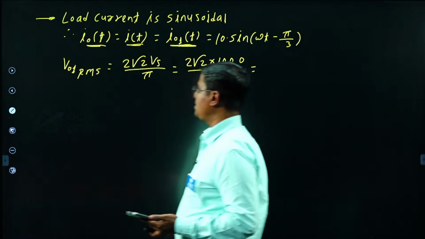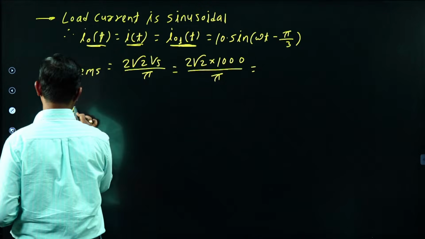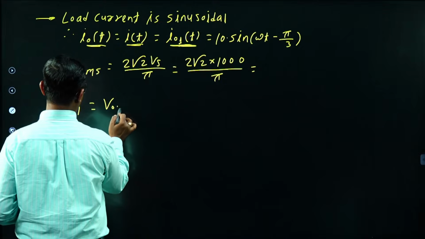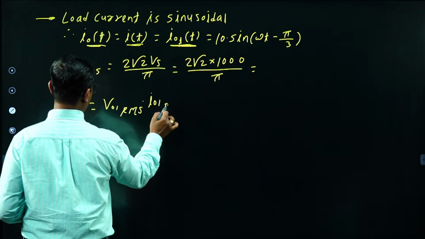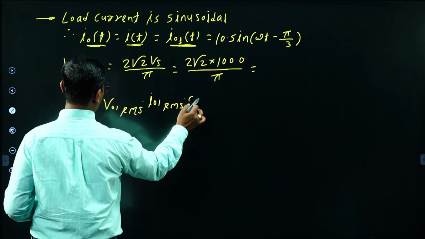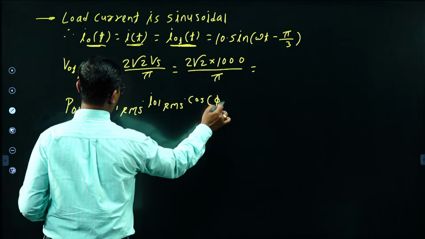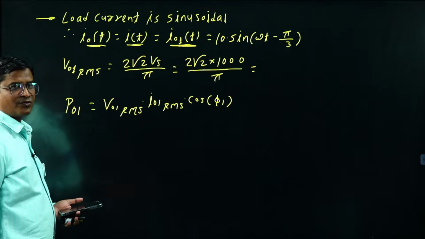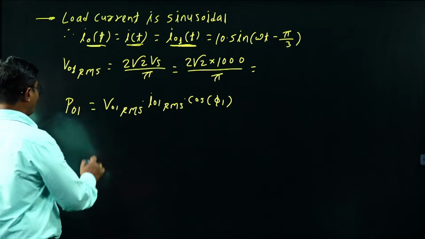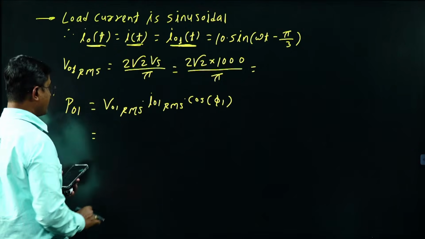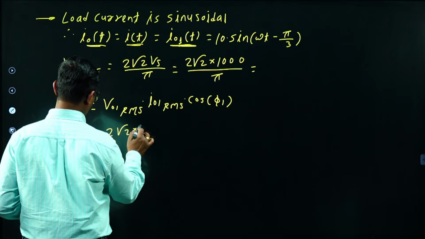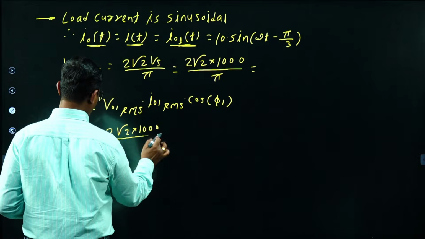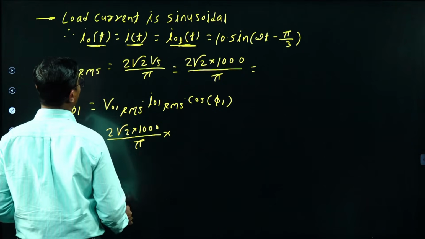And I can write P01. P01 equal to V01 RMS into I01 RMS into cos of phi 1, cosine of angle between V01 and I01. V01 RMS is 2 root 2 into 1000 upon pi, into I01 RMS.